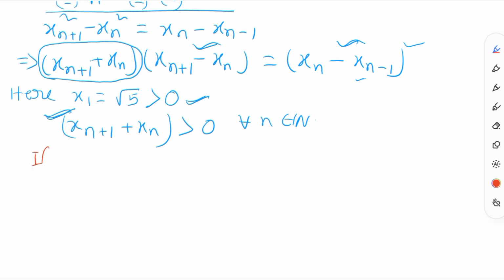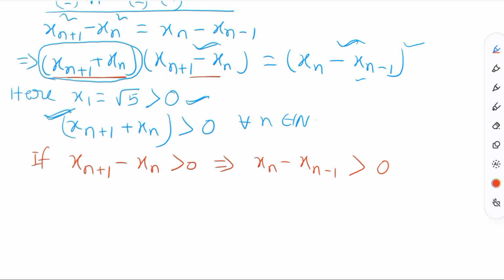Hence from this line you can write, if xn plus 1 minus xn is greater than 0, then xn minus xn minus 1 is greater than 0. Why? Because both are equal, that means both have the equal sign. If this one is positive, then this one must be positive. If this one is negative, then this one must also be negative. Otherwise equality is not possible.